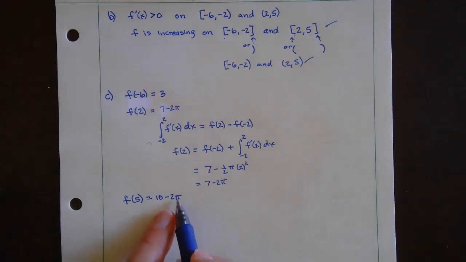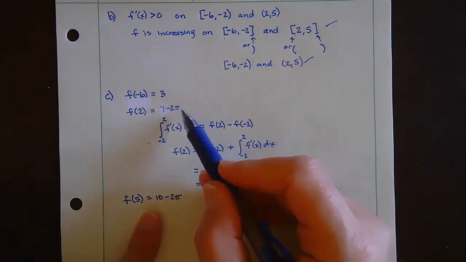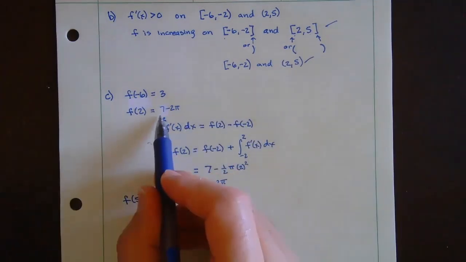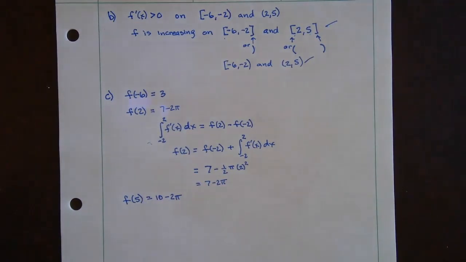So if we're using pi as about 3 to eyeball this, this would be 10 minus 2 times 3, which is 6, okay? Actually it's less than 6, but not by much, okay? So that means this one has to be smaller, right? Okay? All right. So this one is the smallest one, and that has to be the absolute minimum.